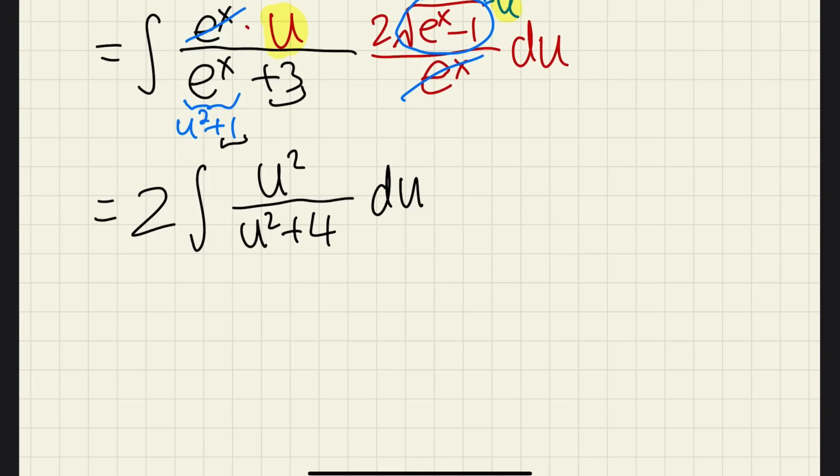Now, notice the degree on the top is 2. It's the same as the degree on the bottom. So you can do a polynomial long division, or you can also do it this way. Let's just go ahead and add 4 and minus 4. Because this way, if you look at this term, that will just be 1. And then this is very nice to integrate.